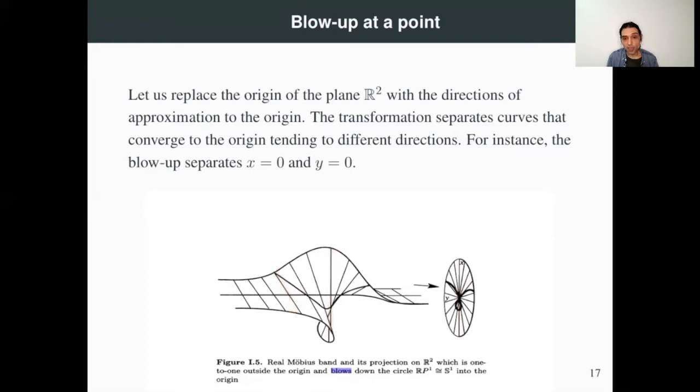This transformation is very interesting. For instance, it is used in desingularization, and the picture gives an idea of why. If you consider this curve over here, as we saw before, this curve is not a submanifold.